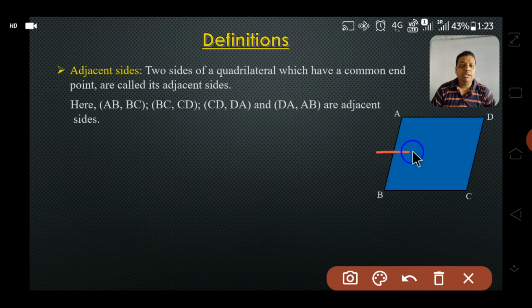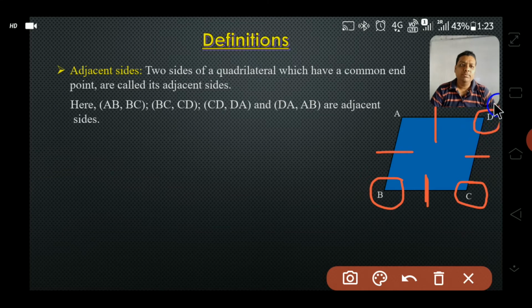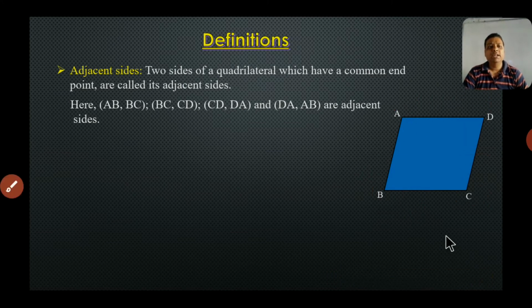AB and BC have the common endpoint B, so AB and BC are adjacent sides, same as BC and CD with common endpoint C, CD and DA with common endpoint D, and AD and AB with common endpoint A. These two continuous sides are called adjacent sides.